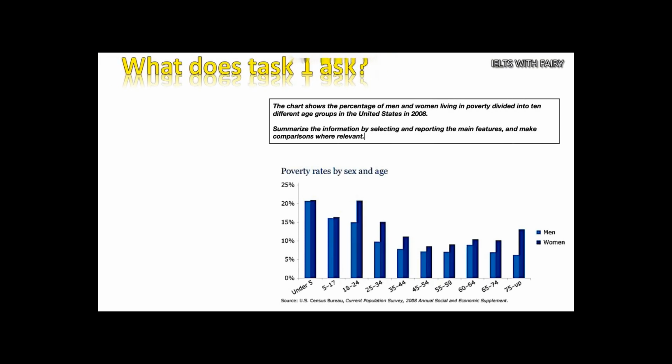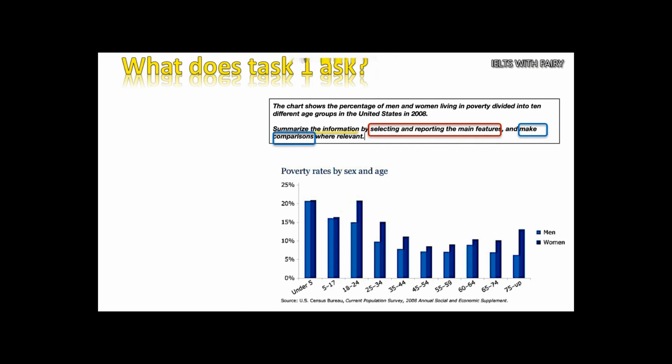Okay, so let's start. Before we start to write our task 1, we should understand the requirements of the task. Task 1 asks you to summarize the information by selecting and reporting main features and make comparisons where relevant. So summarize information.